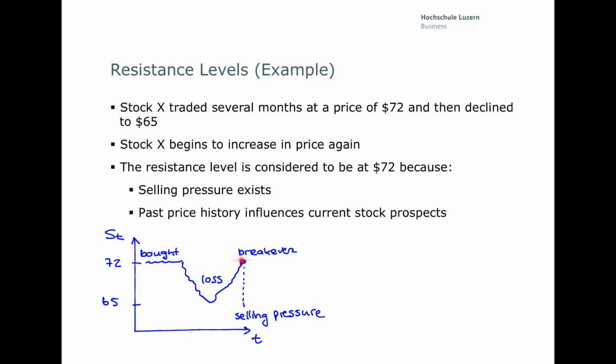According to the theory, investors who bought originally at 72 will be eager to sell their shares as soon as they can break even on their initial investment. Therefore, a price near 72 is where a wave of selling pressure will exist. Such activity imparts a type of memory to the market that allows past price history to influence current stock prospects.